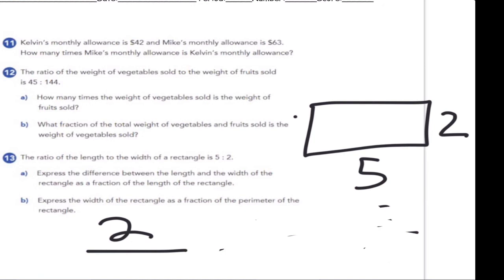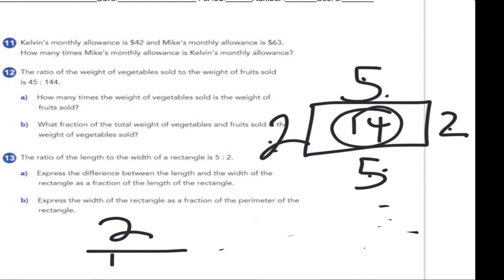Oops, I wrote it wrong. Let me erase that. It's 5 plus 5 is 10. 2 plus 2 is 4. So it's 14 is the perimeter. So it's 2 over 14. And if I reduce that, it's 1 over 7. So it's 1 to 7.